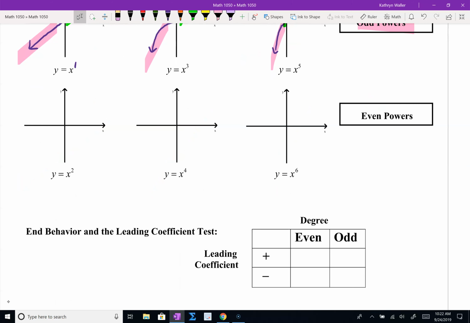Okay, x to the second, you guys know is a parabola. So it looks something about like that. Somebody tell me how y equals x to the fourth compares to y equals x to the second. Same thing except steeper. Good, so we're going to be a little skinnier. Get taller faster. Talk to me about x to the sixth. Same thing, just steeper. Good. Okay, here's your box right here, guys.